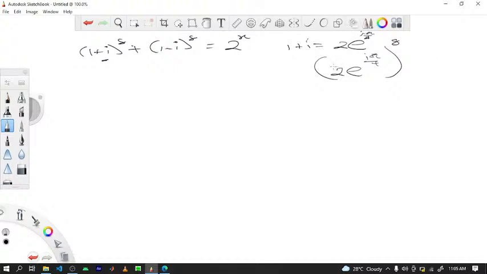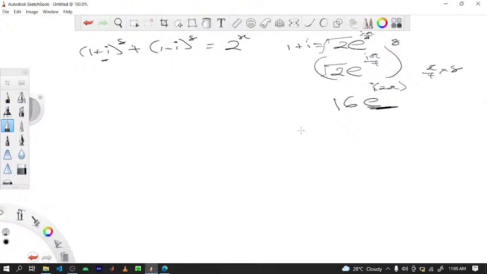The magnitude is root 2, so root 2 exponent 8 is just going to give us 16, right? So we have 16 e to the power i, and then pi over 4 times 8 is 2 pi, right? So 2 pi, and everything here is going to give us 1.